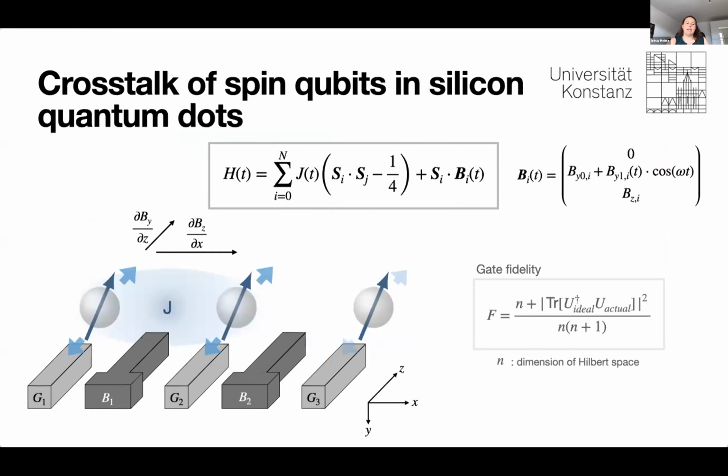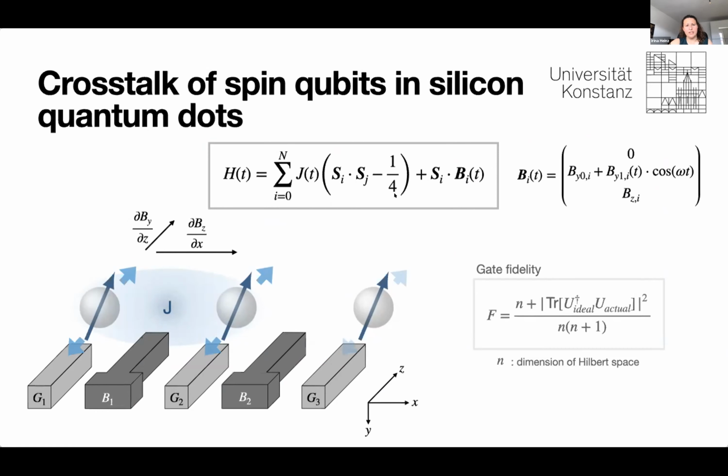We looked at such a scheme of a gate-defined quantum dot, where we have these middle barrier gates which can turn the exchange interaction J on and off, and then we can describe this whole system with a Heisenberg Hamiltonian. Here we assumed for the first time that we are in silicon, so we have no spin-orbit interaction, but in principle, the ideas that follow are applicable to any device that suffers from crosstalk in spin qubit devices.